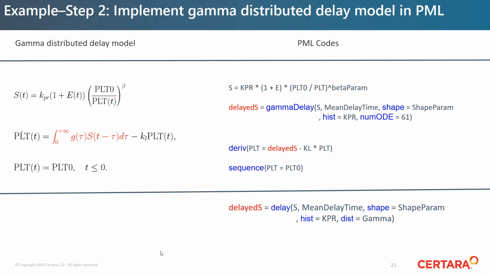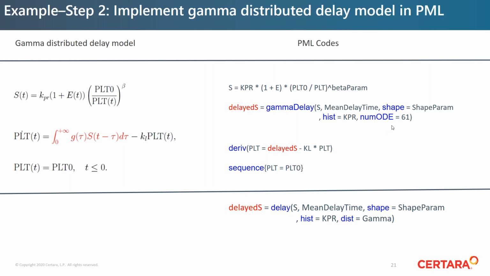Now, here I want to show you how to implement this gamma distributed delay model in PML. Now, this is the code for this one. If you want to use the gamma delay function to approximate this one, then this is the corresponding PML code. Now, as I said, the history value for S is KPR. That's why you set hist equal to KPR.